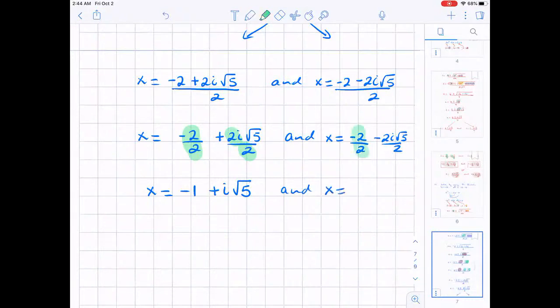Negative 2 divided by 2 is negative 1, and negative 2i root 5 divided by 2 again happens to be negative i root 5. Okay, so here are the two solutions to our problem.